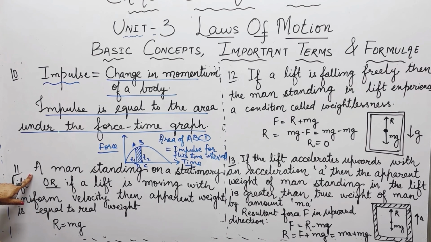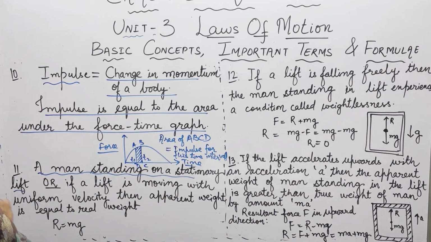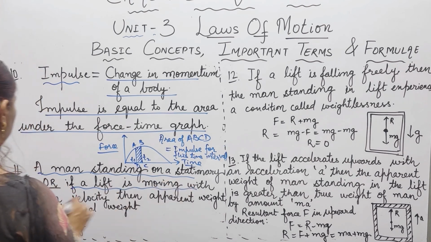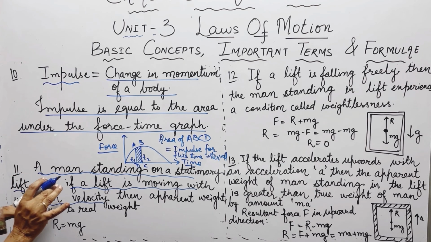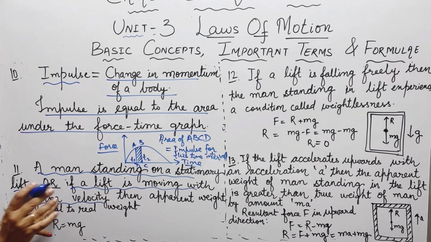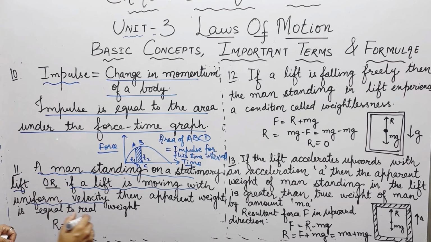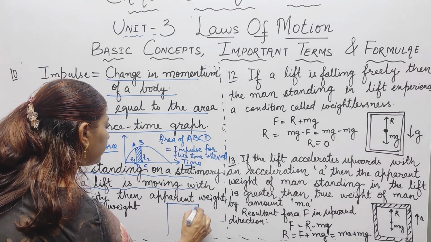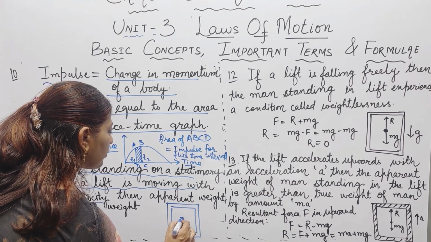The next is, a man standing on a stationary lift, or a lift moving with uniform velocity. In this case it is stationary, and in the stationary case there is no acceleration. If the lift is moving with uniform velocity, again there is no change in velocity, so acceleration will be zero. Suppose this is a lift and this is the position of a body.